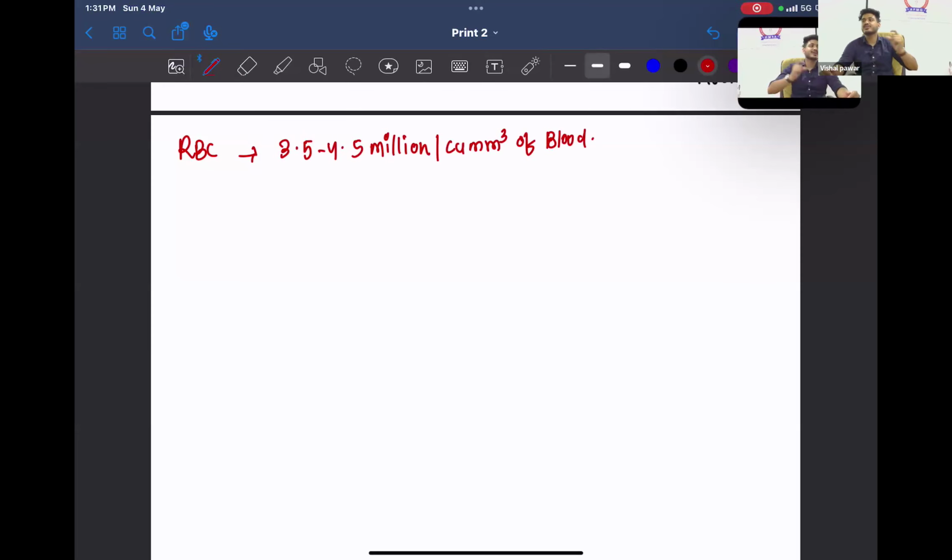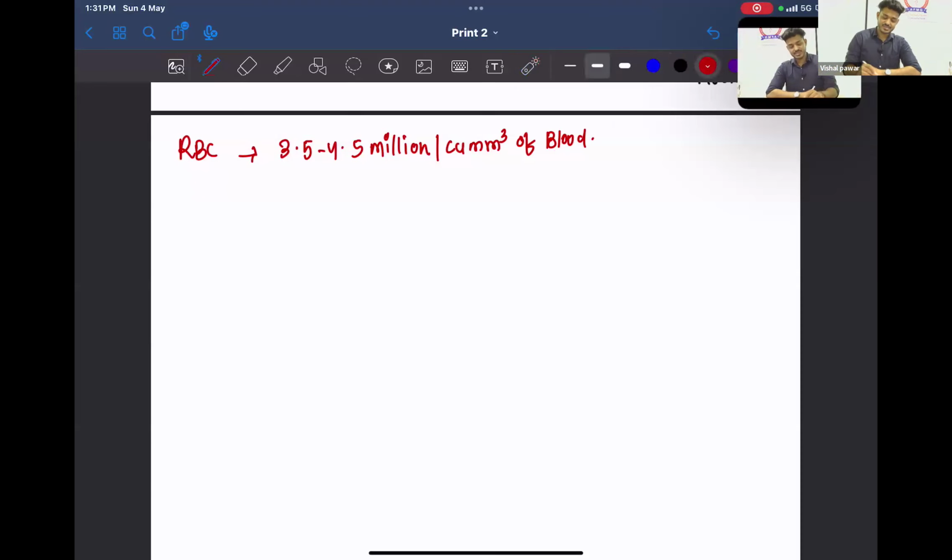In a cubic mm, you have 3.5 to 4.5 million RBCs. You are considered a millionaire as far as RBCs are concerned, right? Currency is different, but yes, we are millionaires.